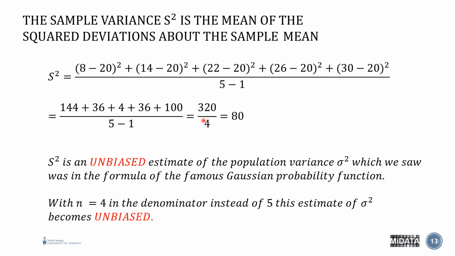Just think of it. If you divide by 5 minus 1, which is 4, that's a big change. Whereas if you were to divide by 100 minus 1, which is 99, that is a small change. Anyway, that's what results in an unbiased estimator, and we are going to move on.